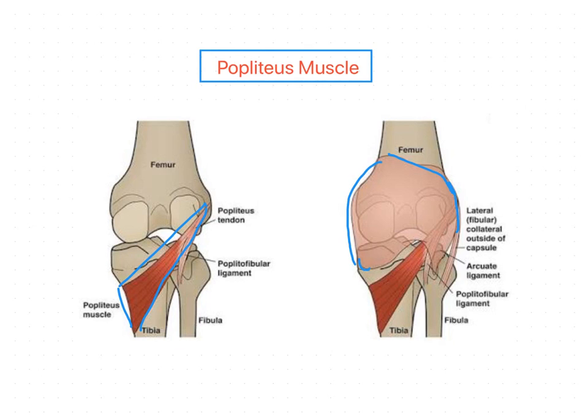Okay. The larger lateral part of the muscle arises by a tendon from the anterior part of the popliteal groove on the lateral surface of the lateral femoral condyle. Okay, and the smaller medial part arises from the arcuate ligament of the knee joint.